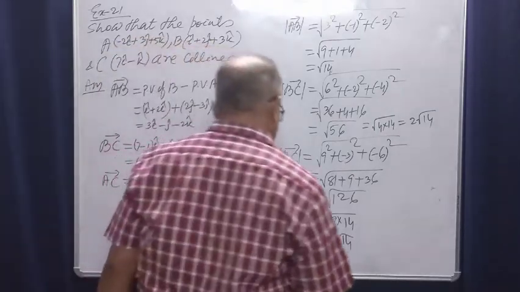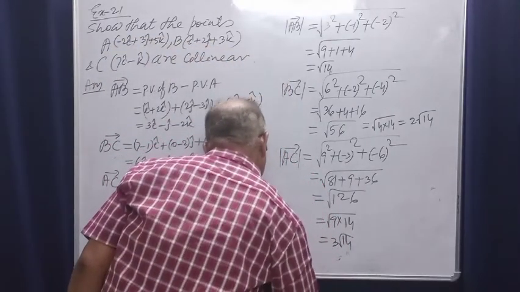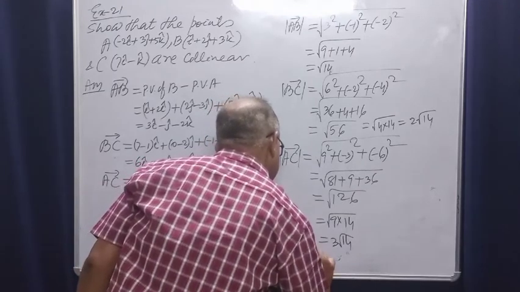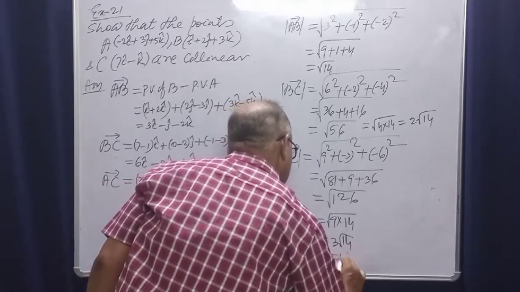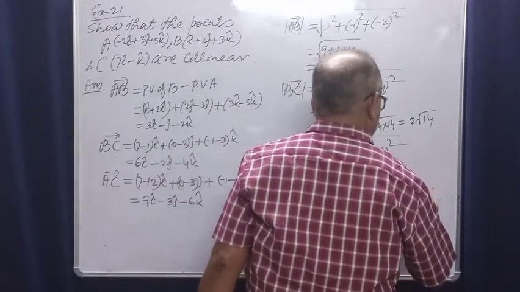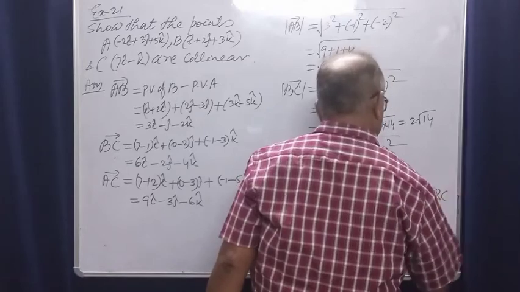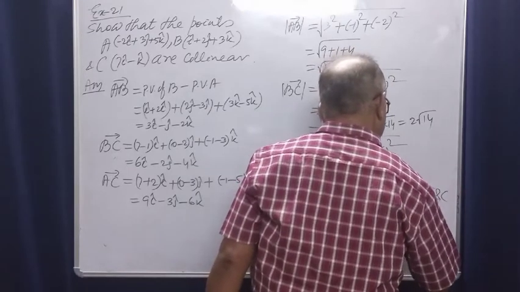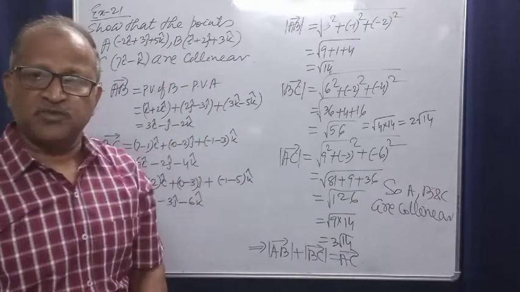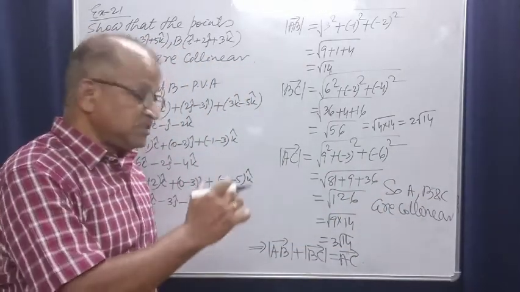So you see, this implies AB plus BC is equal to AC. So A, B and C are collinear, because AB plus BC is equal to AC.